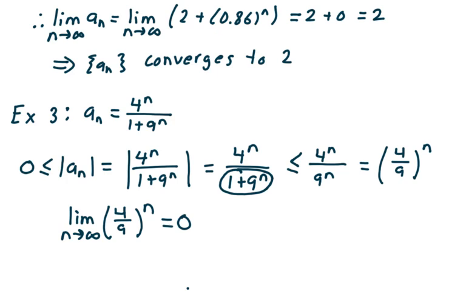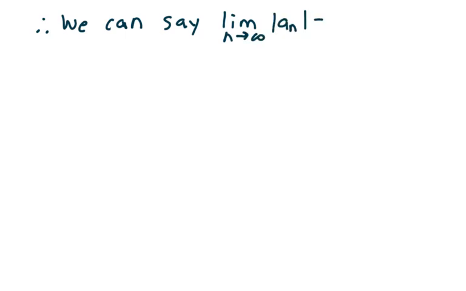And so, by comparison, we can say the limit as n goes to infinity of the absolute value of a sub n is 0 by comparison.